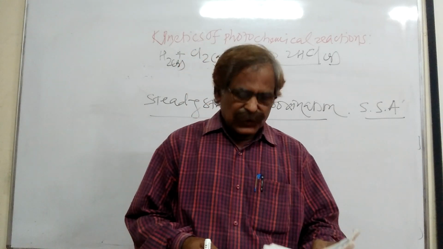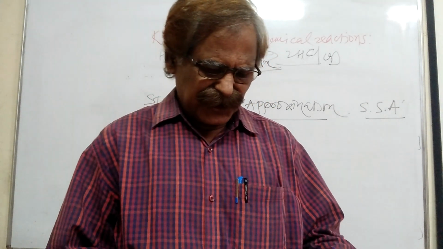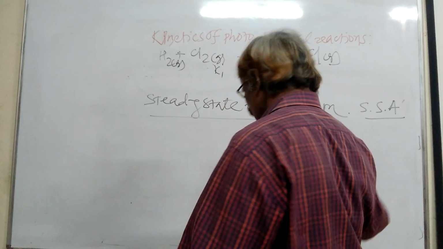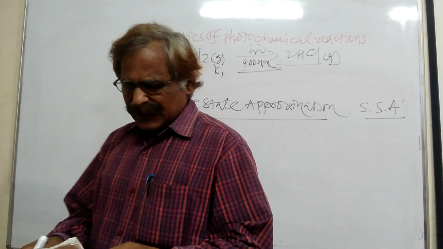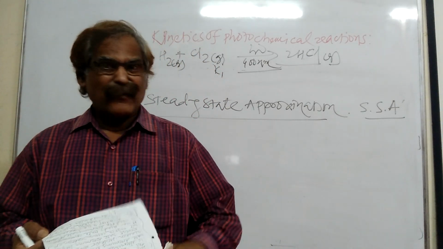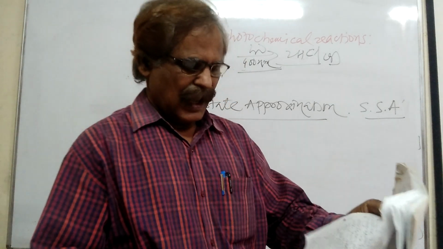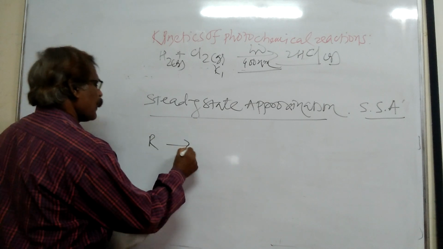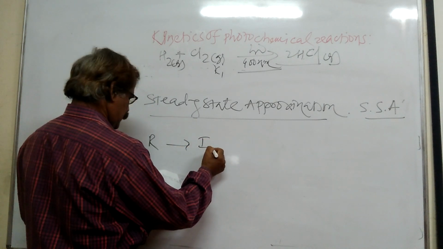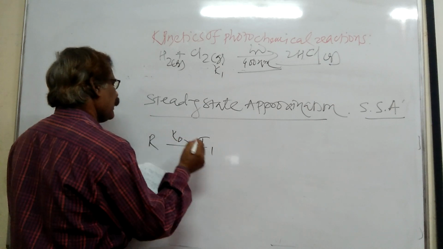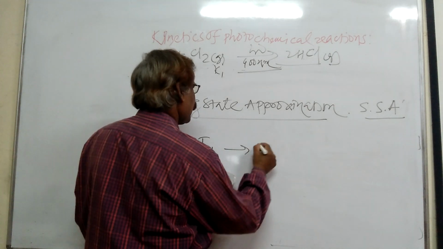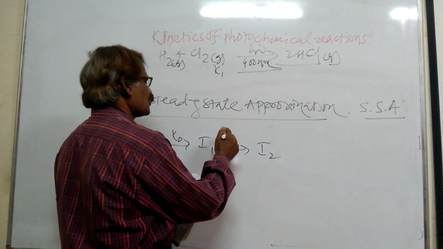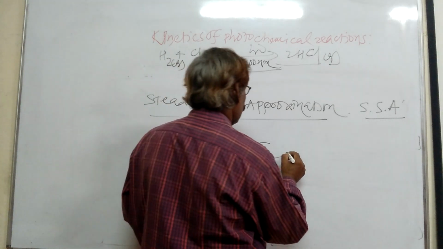Now, according to steady state approximation, or sometimes it is also known as steady state assumption, for a chain reaction involving many intermediates, I, as shown below, R is giving I1, with rate constant K0, then I1 is giving I2, and the rate constant of this reaction is K1.